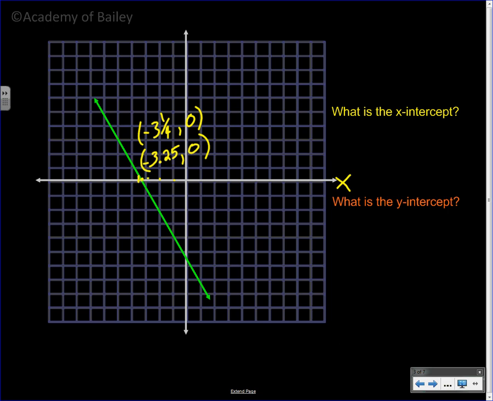You can either have a mixed number or a decimal when identifying that x-intercept. And the y-intercept, so actually let's write this, -3 1/4. The y-intercept, let's go down here. It is 1, 2, 3, 4, 5. It's not -5 and it's not -6 because it's in between there.